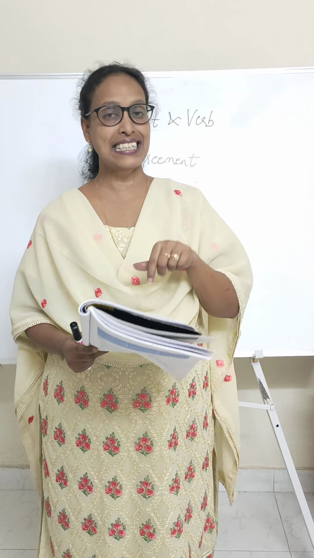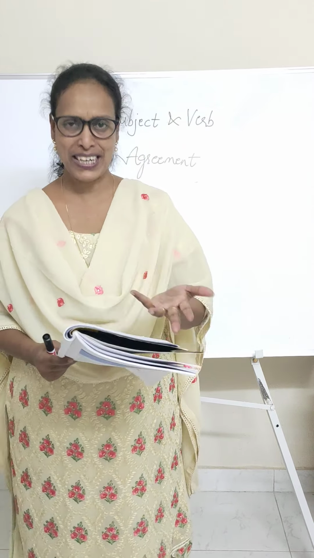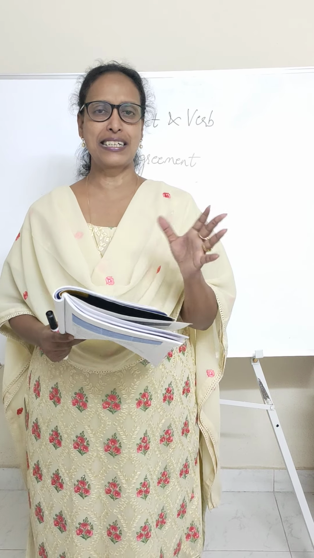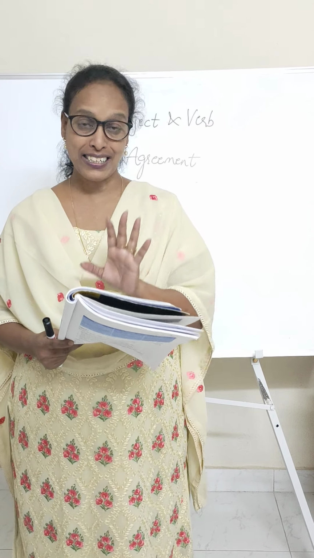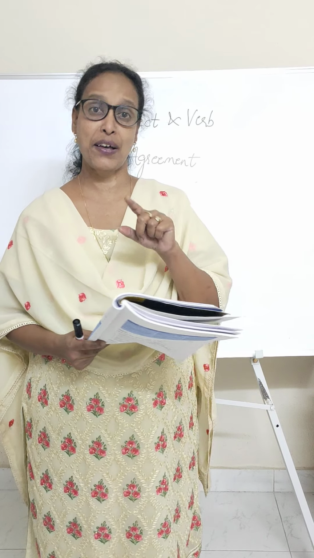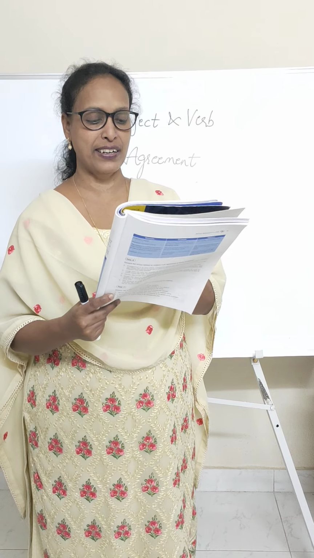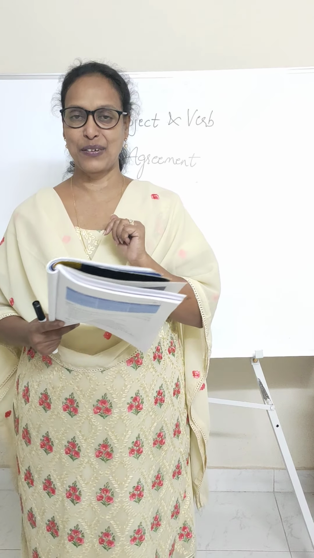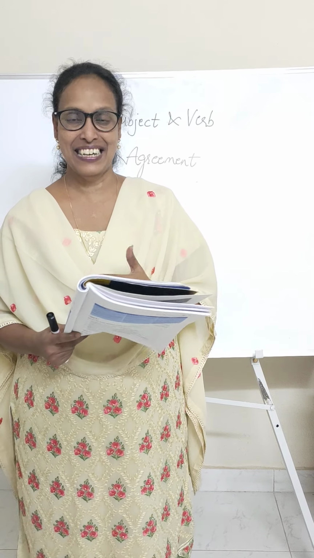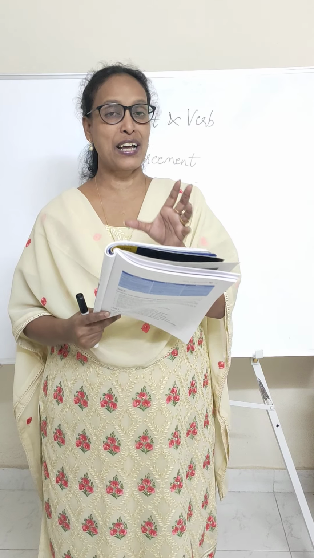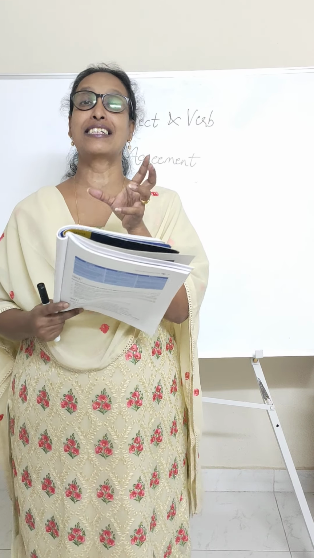When you add an S at the end, it becomes plural. It's very simple, isn't it? And if there is no S, it is considered to be singular. But there are some nouns which have an S at the end but are still considered singular. The example given here is politics, mathematics. They have an S there, but they are used in the form of a singular subject.